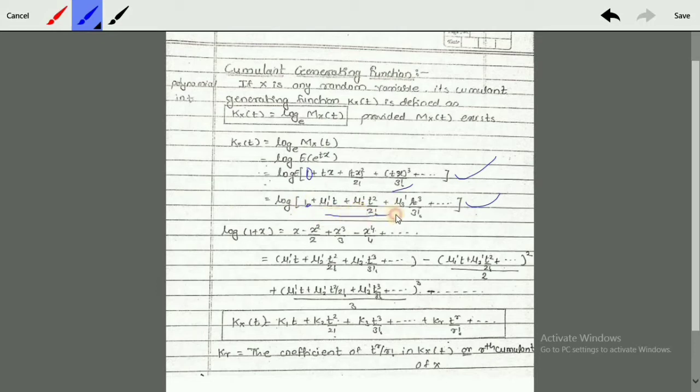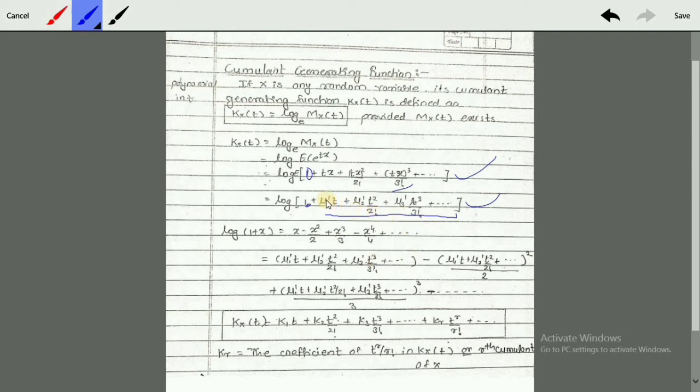This whole term is x, in 1 plus x. So you can write here in place of x this term, in place of x square this term in bracket square, and for x cube this term in bracket cube. In this fashion we will write mu1 prime t plus mu2 prime t square by 2 factorial and so on.